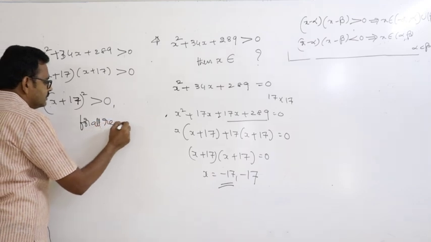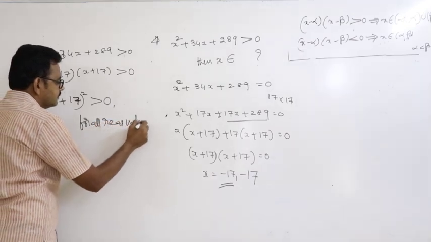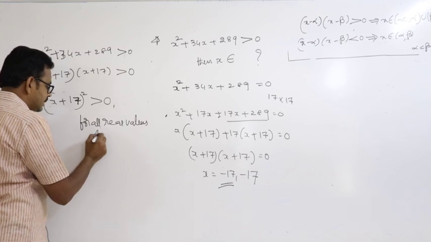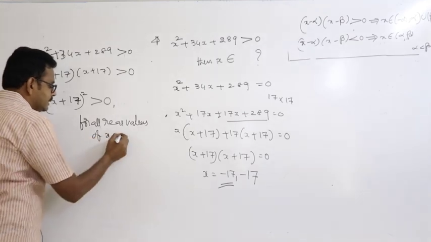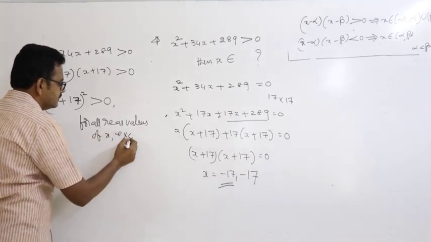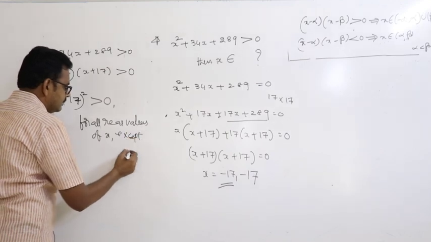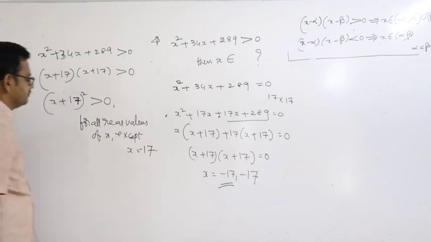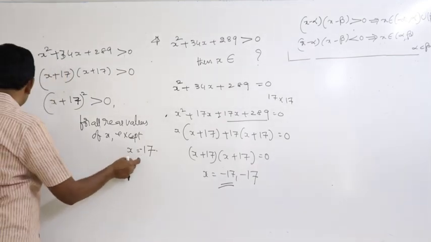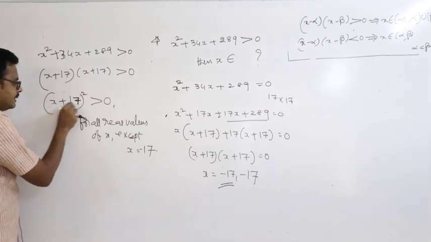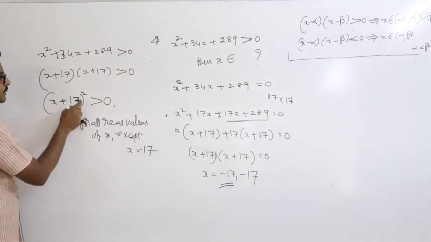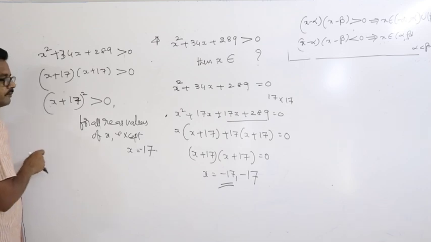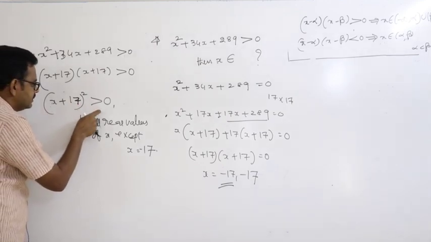real values of x except x is equal to minus 17. If I write x is equal to minus 17, plus 17 gives 0.